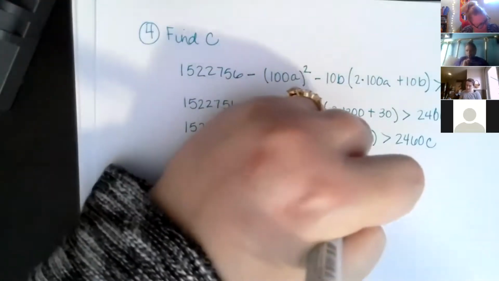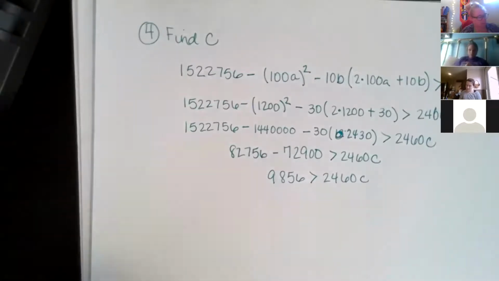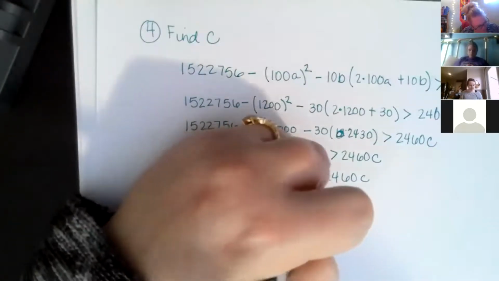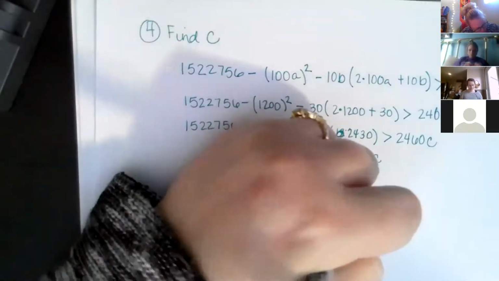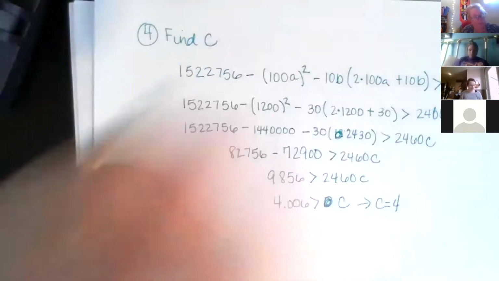Yeah. So then I take that number and divide it by the 2460. So that would mean C is 4.